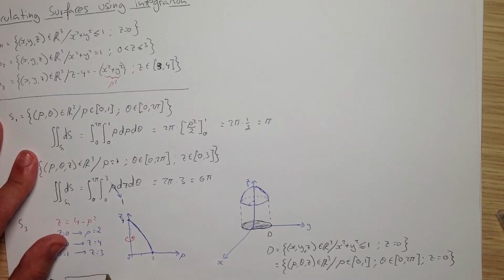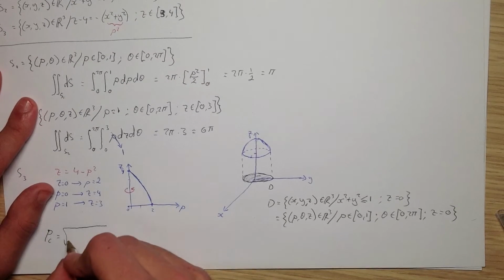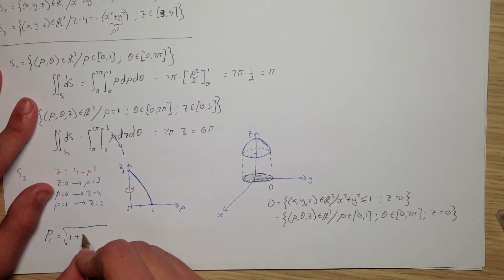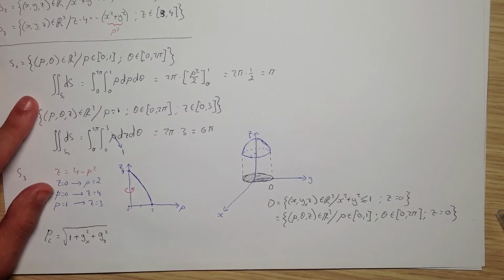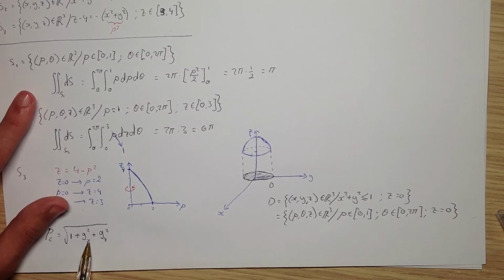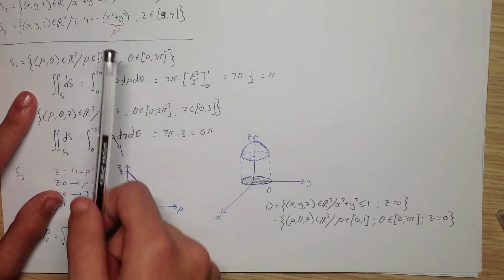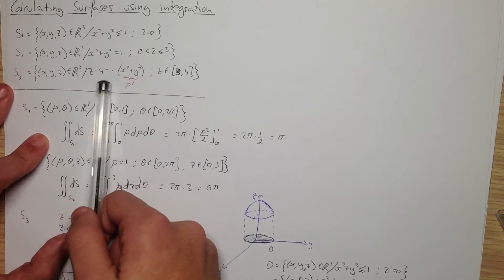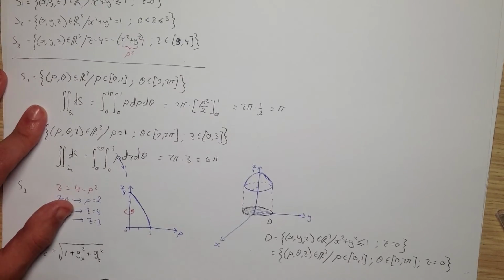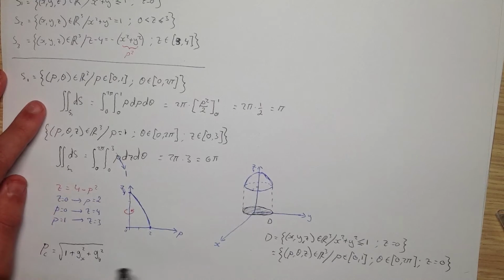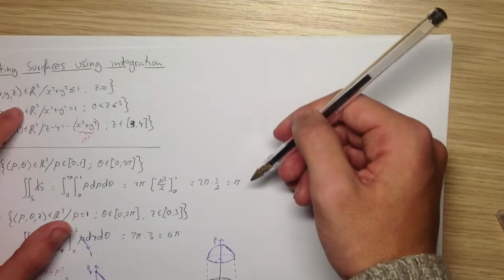It's the root of 1 plus gx squared plus gy squared, where gx is the derivative of this in terms of x, and gy the derivative in terms of y. So let's work here.